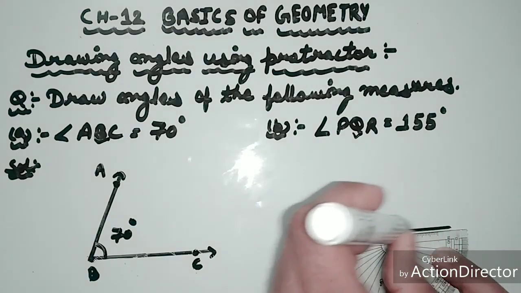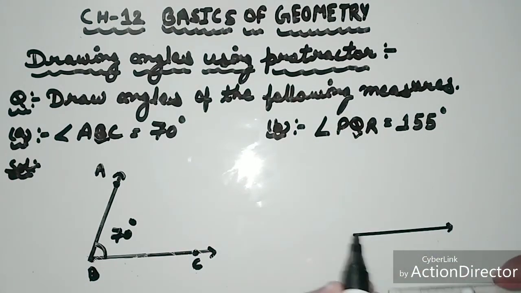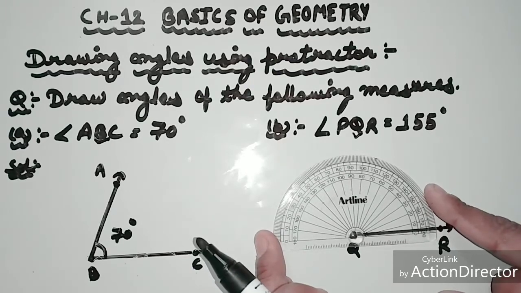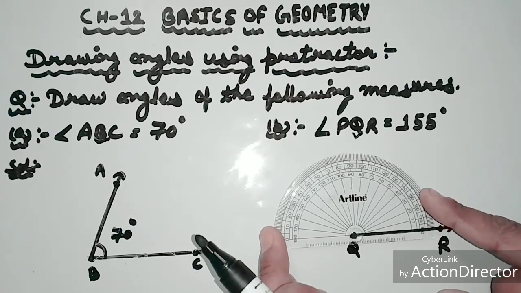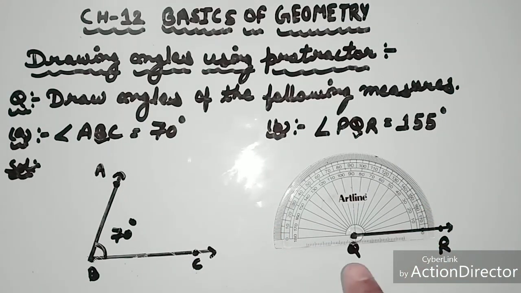First we draw a ray, and here the vertex is Q and the other point is R. Now align the center point with point Q and with point R also, on this ray.